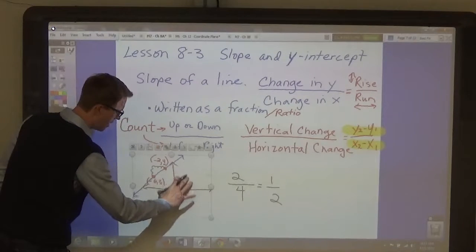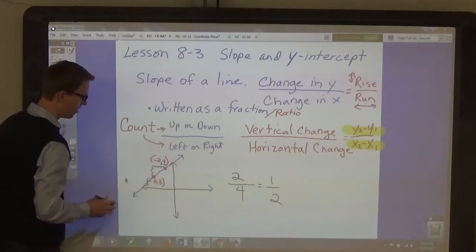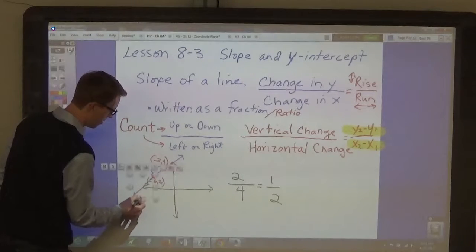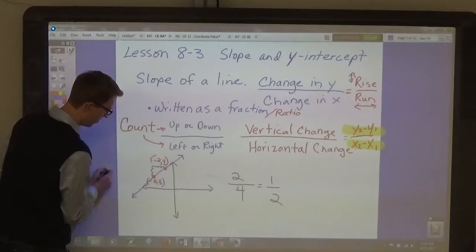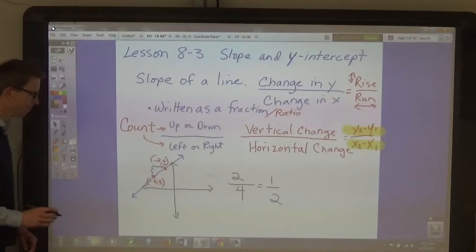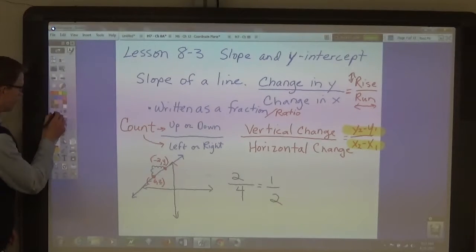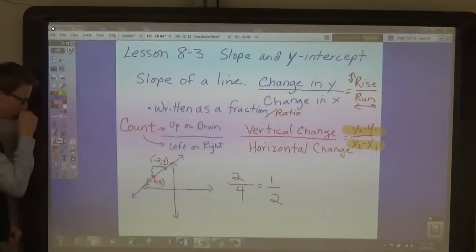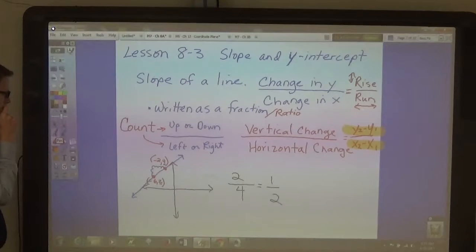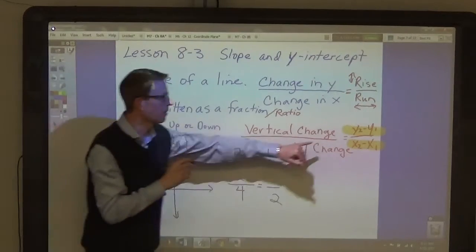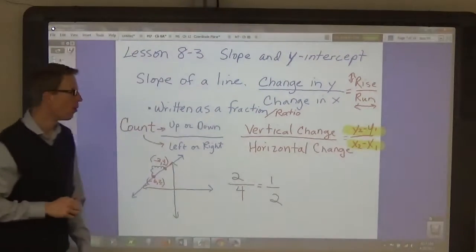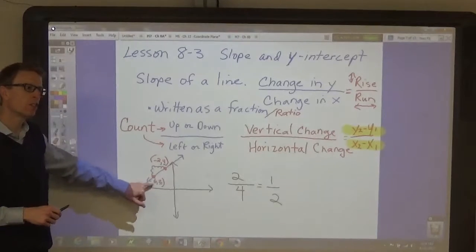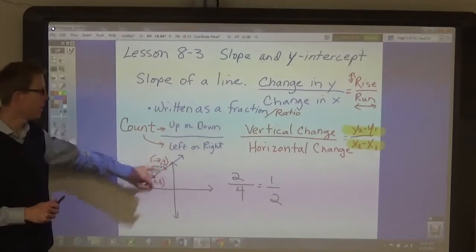This line used to be down here, so I don't know how that is. If you put 6, you put 2 minus 4, then you can subtract. Yeah, we're going to subtract to find the slope. But when you're given the points, you can also count to find the slope. Okay?